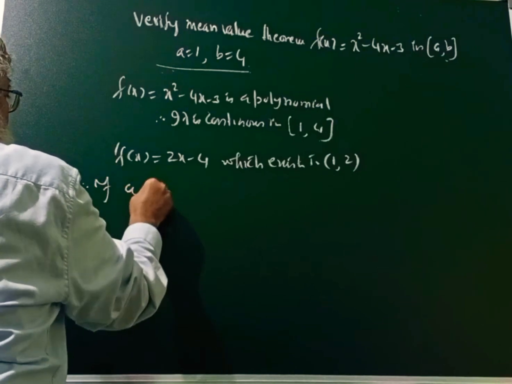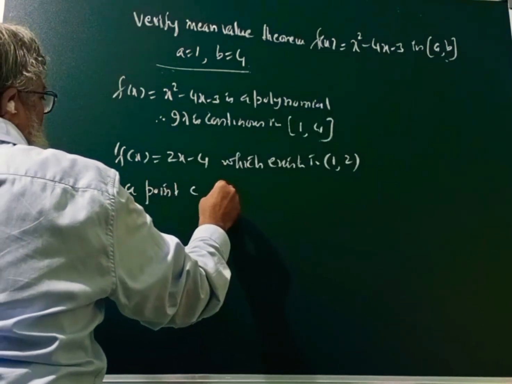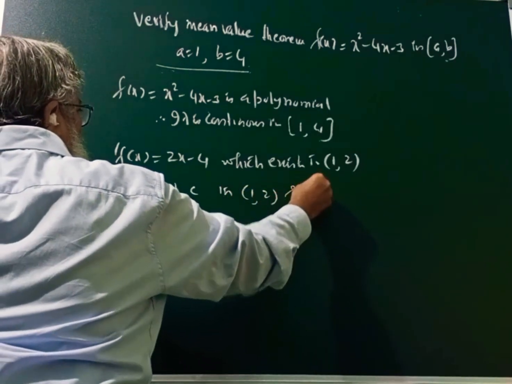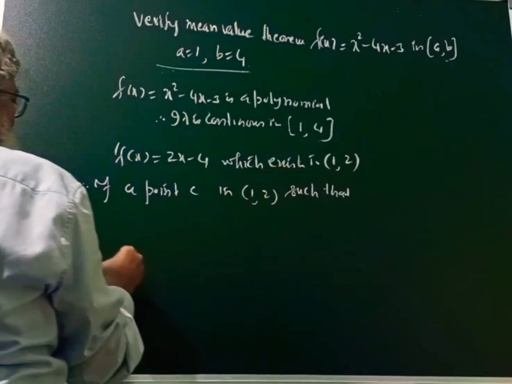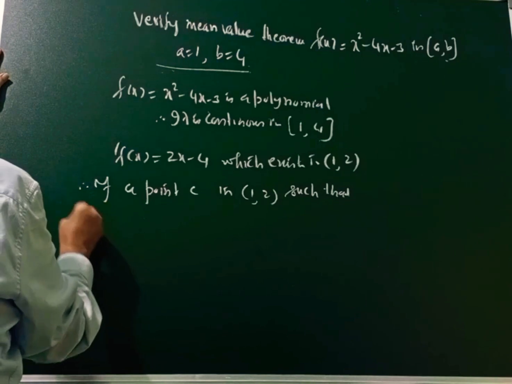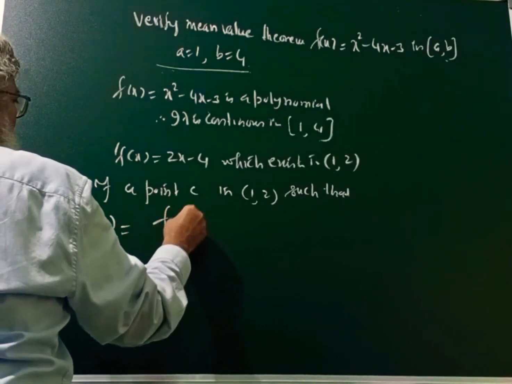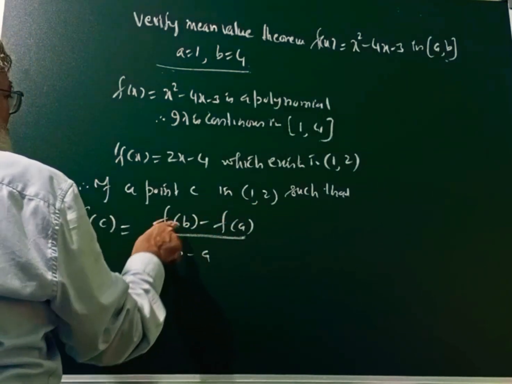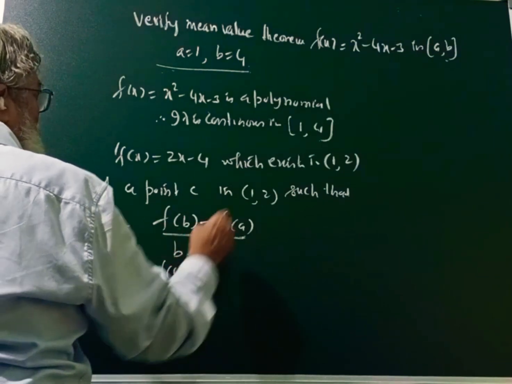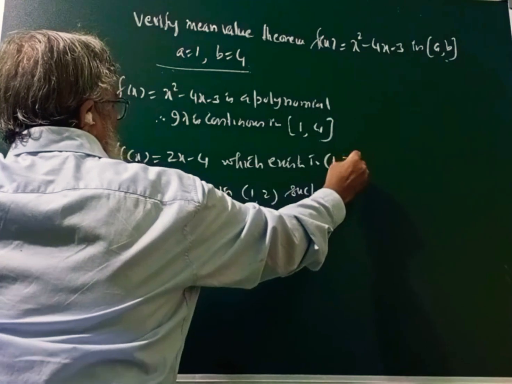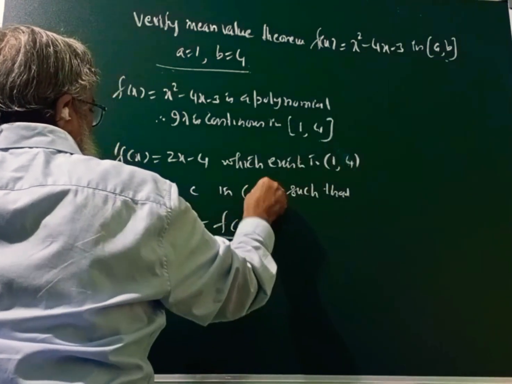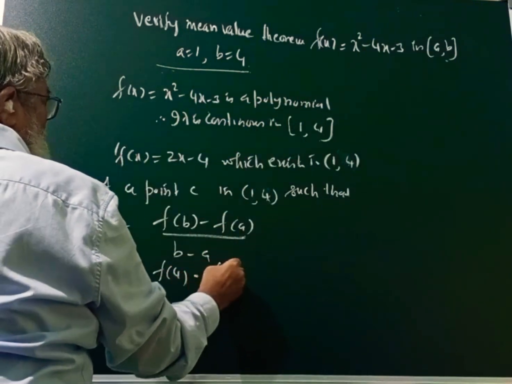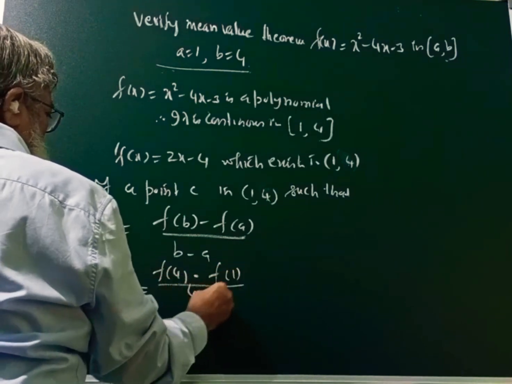There exists a point C in the interval 1 to 4 such that f dash of C is equal to f of B minus f of A divided by B minus A. F of B, that is f of 4, so that is given by f of 4 minus f of 1 divided by 4 minus 1.